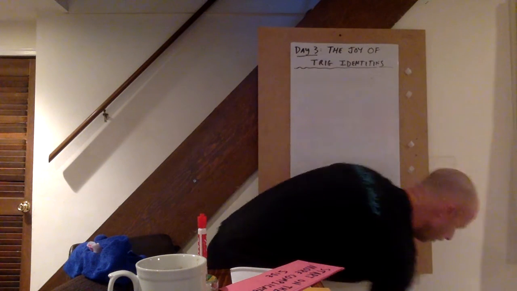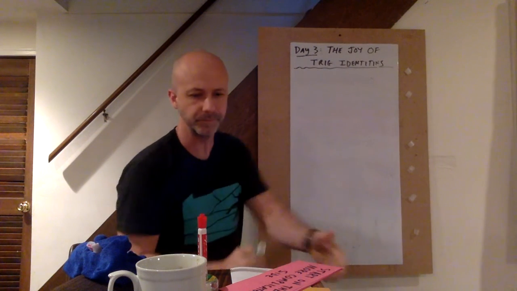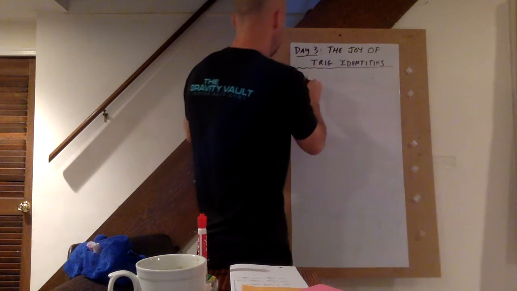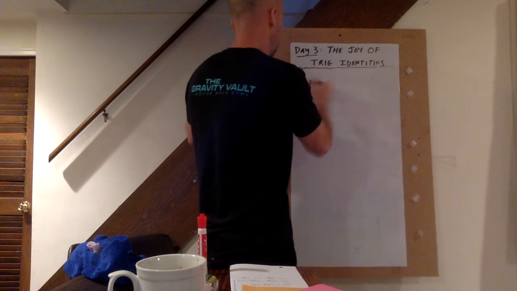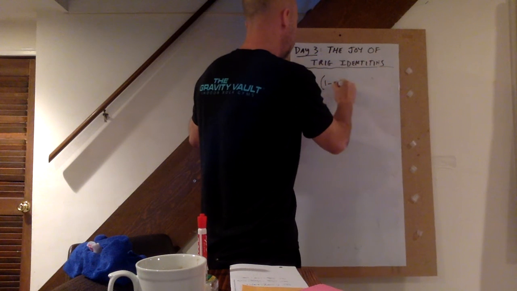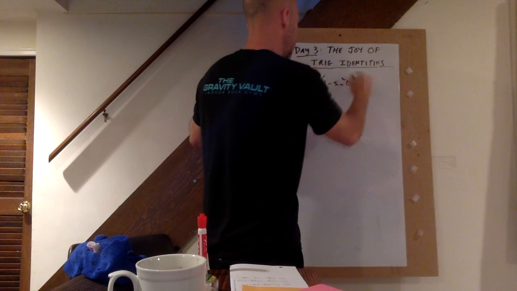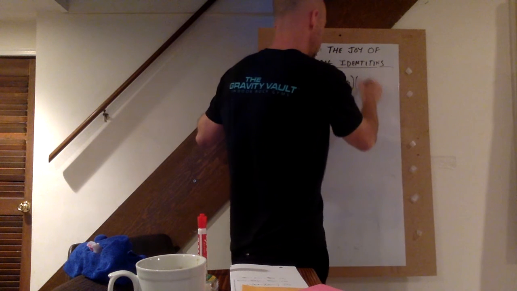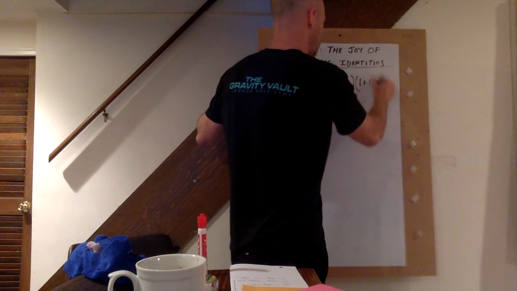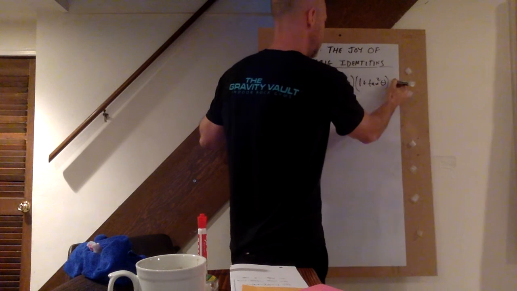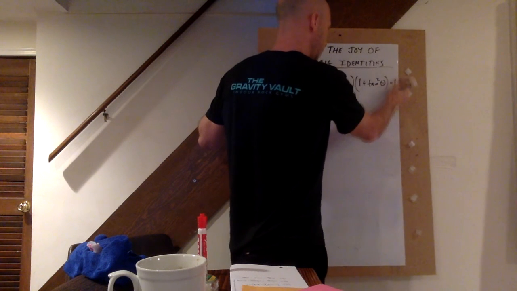All right, in our second example, we want to show that the product of 1 minus sine squared and 1 plus tan squared, that big messy product there, is equal to nothing other than 1.